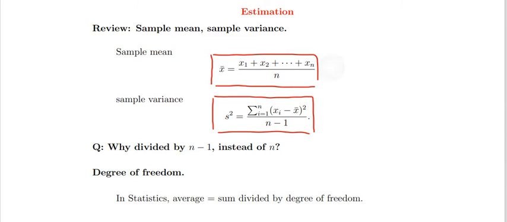So here we can write this as a summation of xi, then divided by n. Here it is divided by n, and here divided by n minus 1. We say there's a degree of freedom.